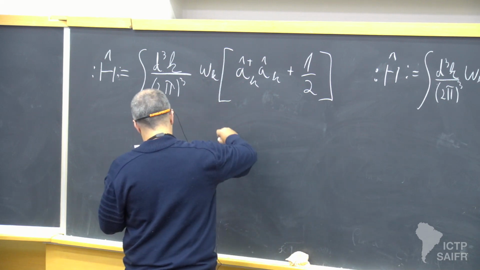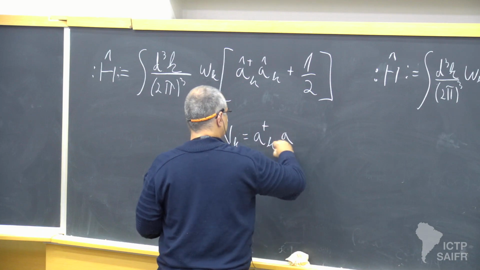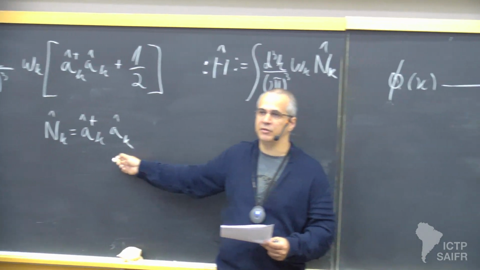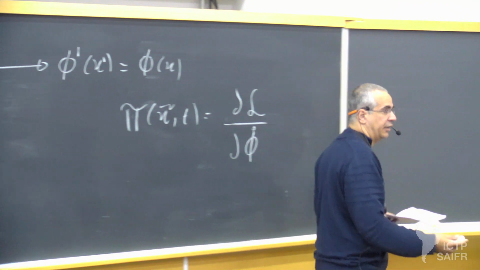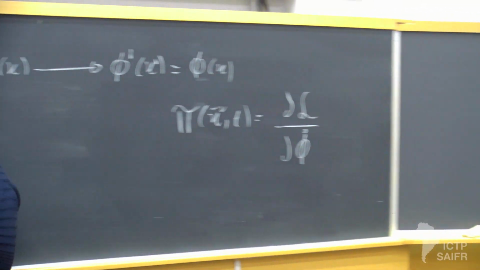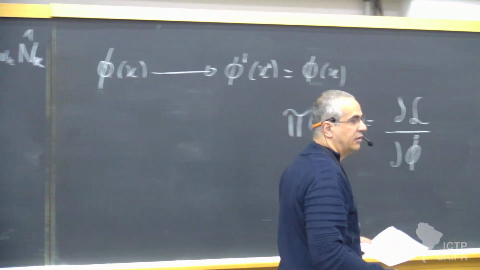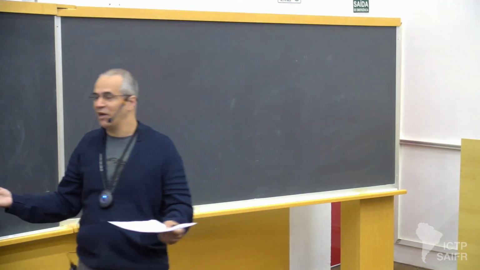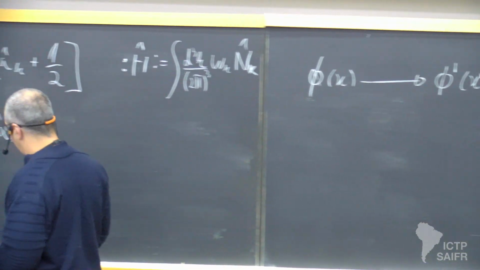It's just this guy, which counts how many excitations I have with momentum k, above this vacuum, which potentially has infinite energy. It's the same problem: this is just the rest energy of a harmonic oscillator again, but now I have an infinite number of harmonic oscillators, so there are a lot of halves around.